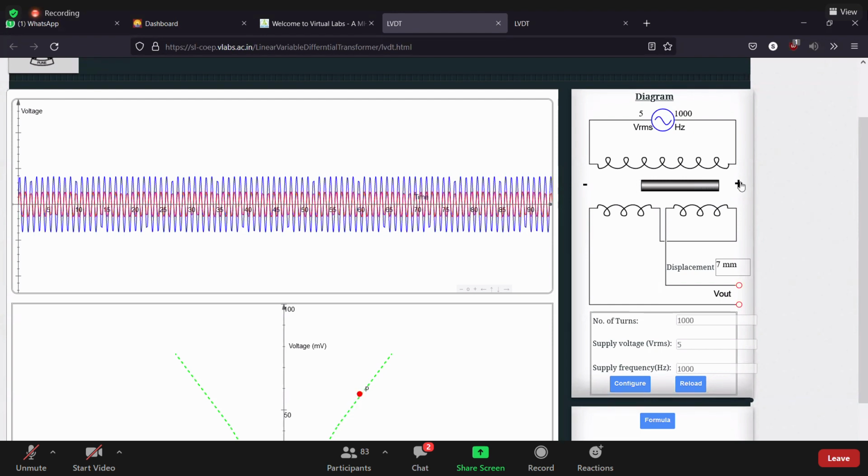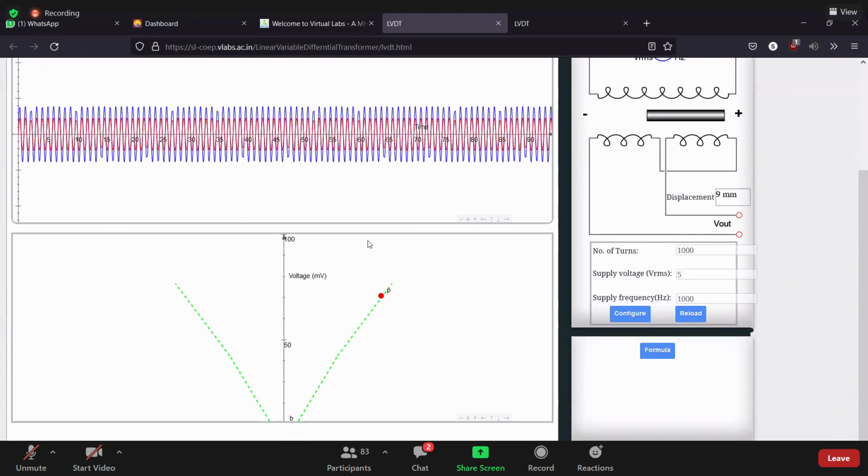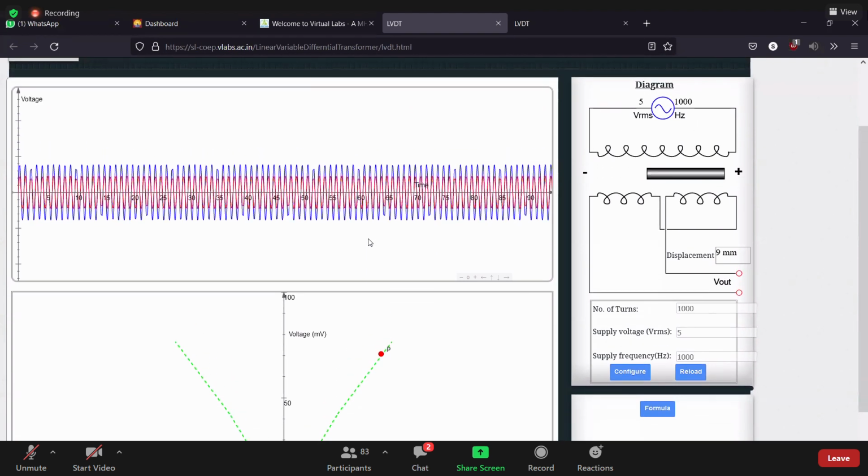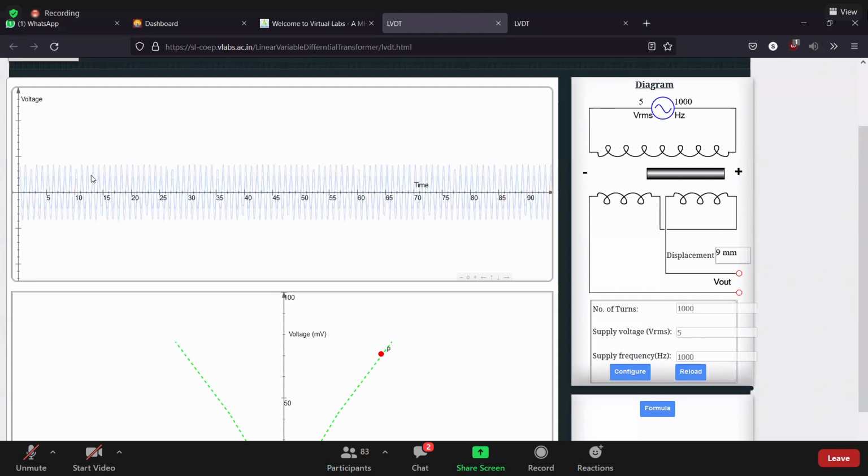What are your observations while you are moving core? Sir, both the graphs are in sync with each other.